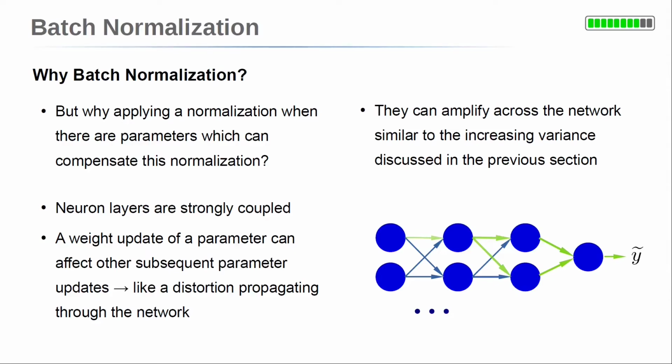This input is scaled by a weight, and after passing the activation function, it is multiplied by another weight of the next neuron. Therefore, a weight update of a parameter can affect other parameters and their updates in subsequent training iterations. This is like a distortion propagating through the network. These distortions can be amplified across the network, similar to the increasing variance we have seen in the previous section.